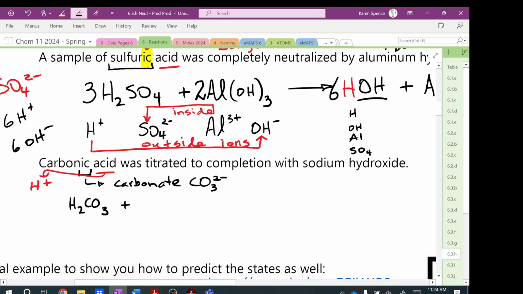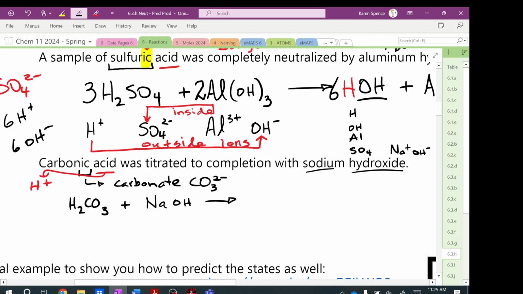I now have sodium hydroxide. Sodium is Na plus, hydroxide is OH minus. All right, so we now have NaOH. How do you know that this is a neutralization reaction?